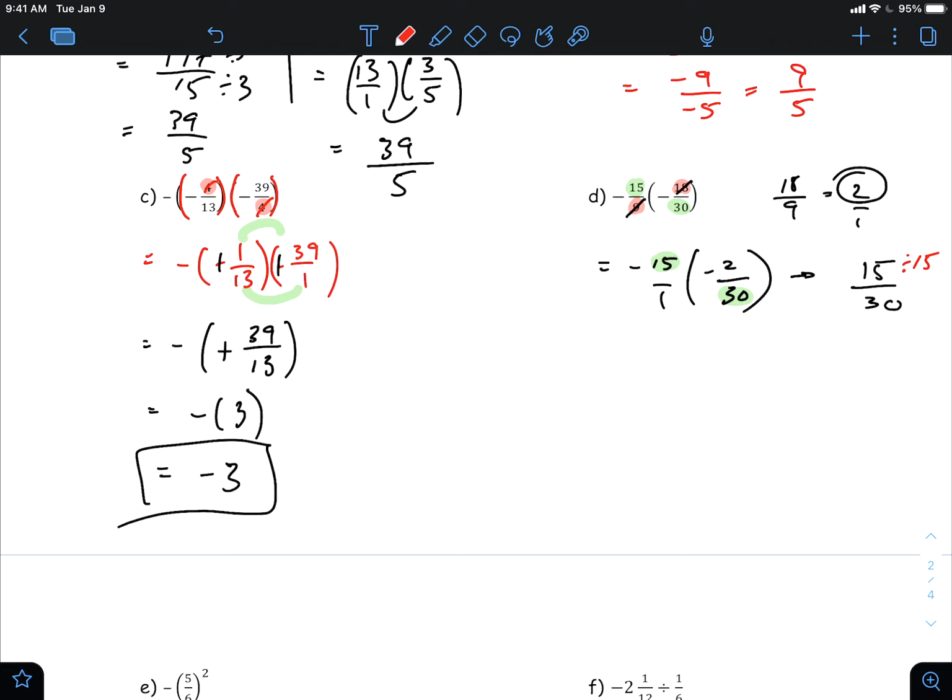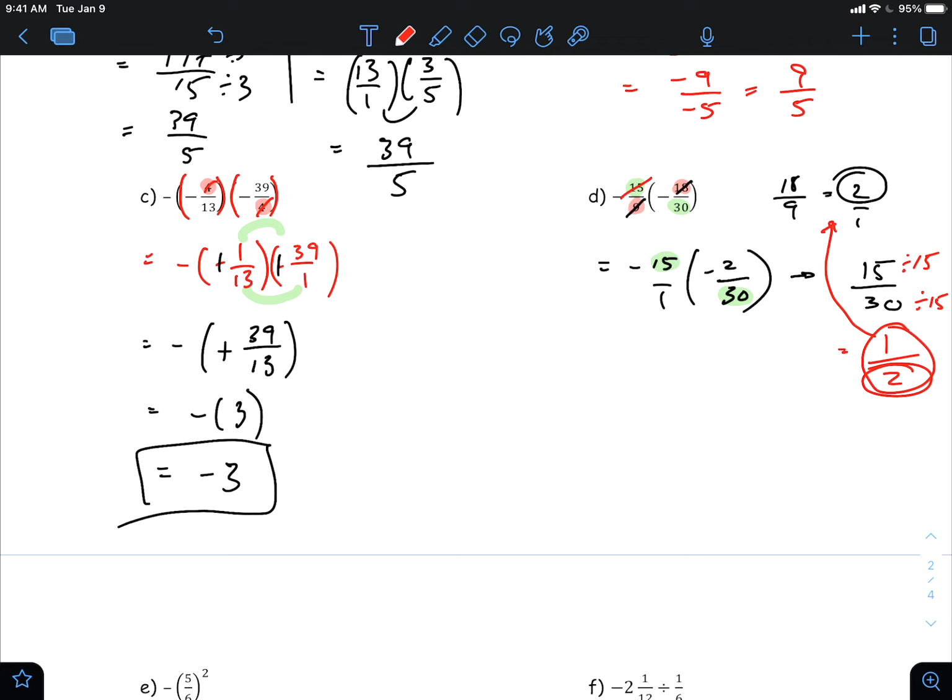Would everybody agree? Okay. And so watch what happens where the 2 ends up in this part of the question. So 15 divided by 15 is 1, and 30 divided by 15 is 2, so we end up with 1/2. I want you to relate that to the 2/1, how we got the 2/1. So the 2 is now in the denominator.